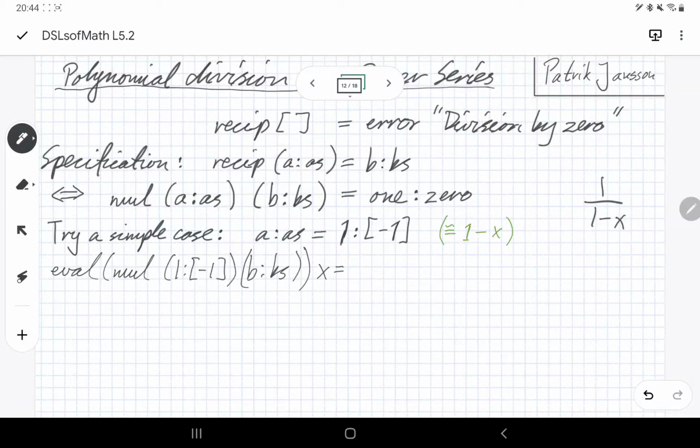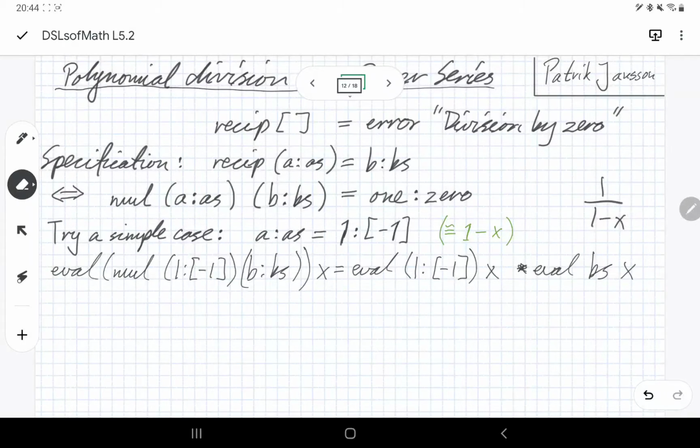Well, we know that eval should be a homomorphism from this multiplication to multiplication on the function level. So we can take that 2 steps down and say this should be the same as evaluating 1 cons list minus 1 on x times evaluating bs on x.